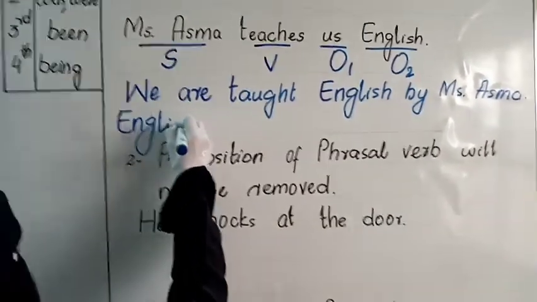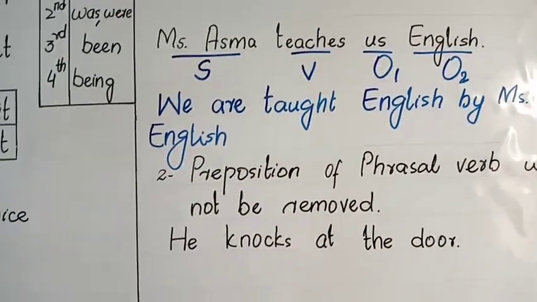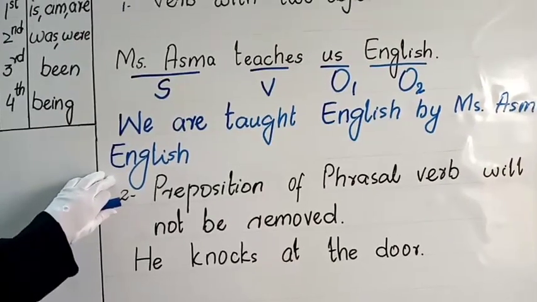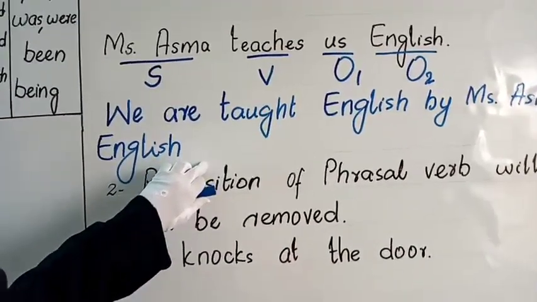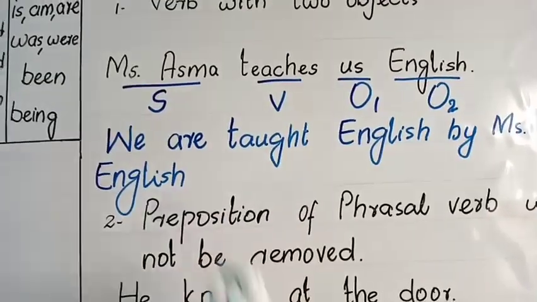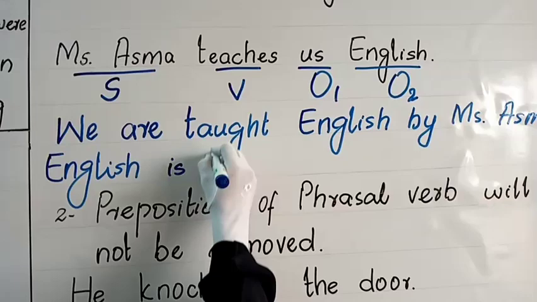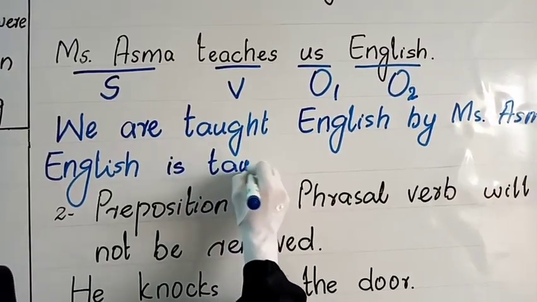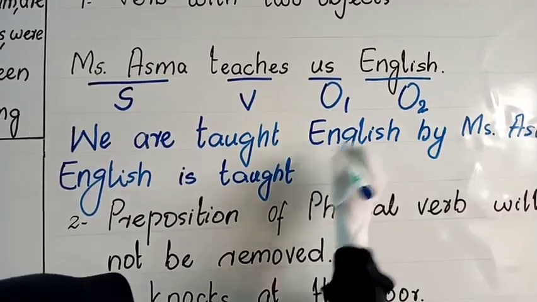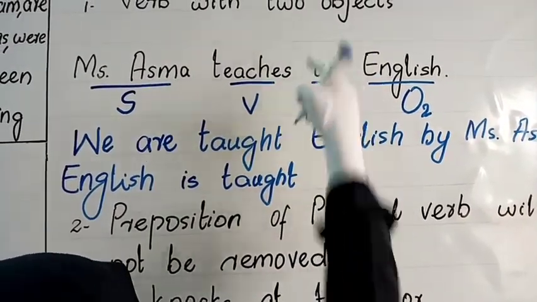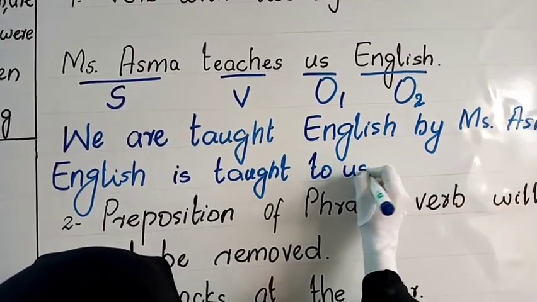Now English is a singular noun. So according to this singular noun, what should be the helping verb? What should be the be verb? Is, okay. So English is taught. Now this object will be written here with to. We have to add to here.